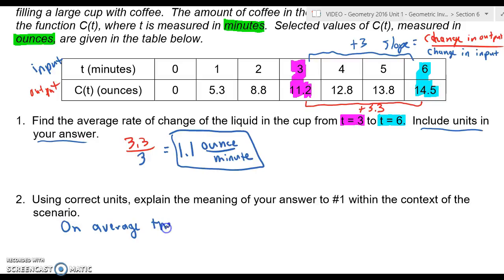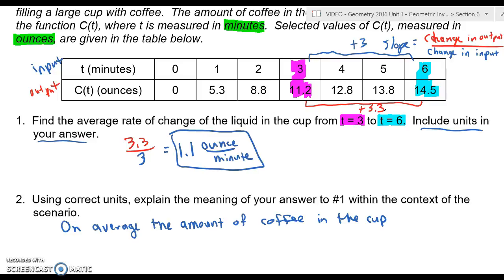the amount of coffee in the cup, and this is where we're going to talk about an increase or a decrease. This average rate of change will tell us that. Realistically, the change in output will tell us that also, because normally our input values are going to go from lowest to highest.